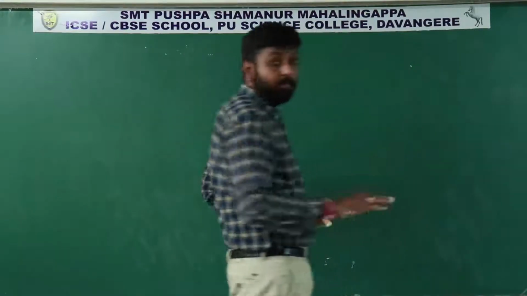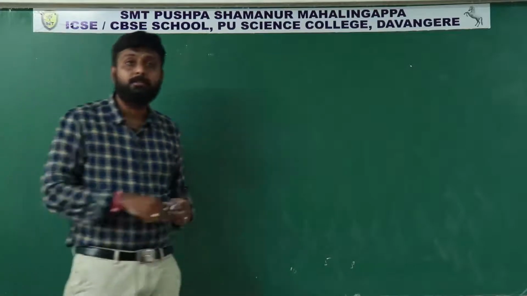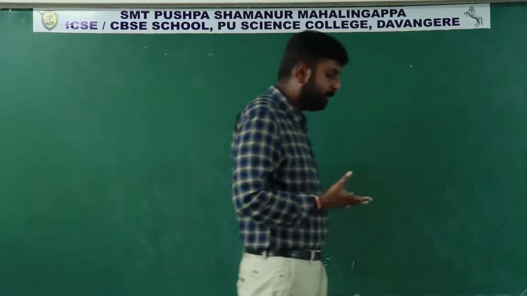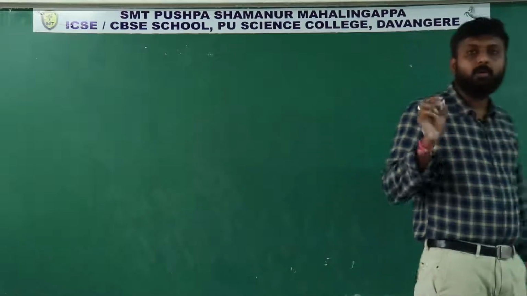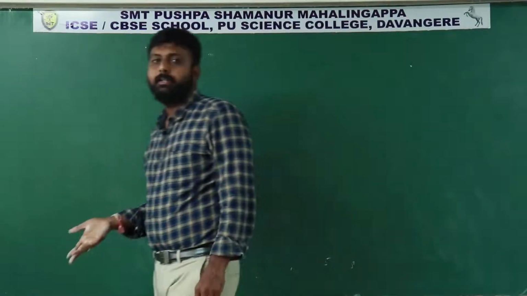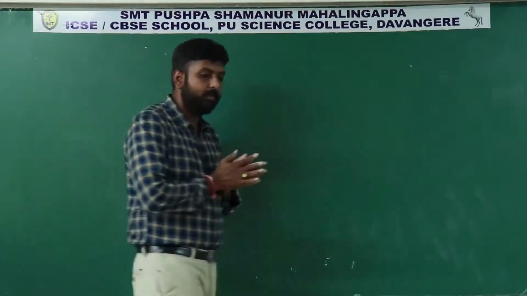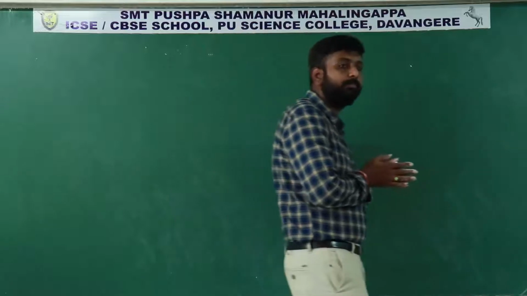So here you should know about sources also. There are two types of sources. One is a coherent source and another one is an incoherent source. Okay, what is a coherent source?